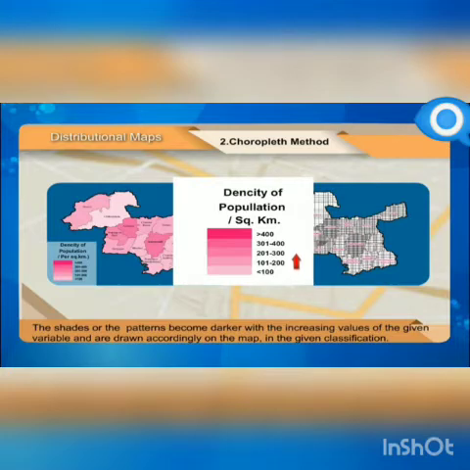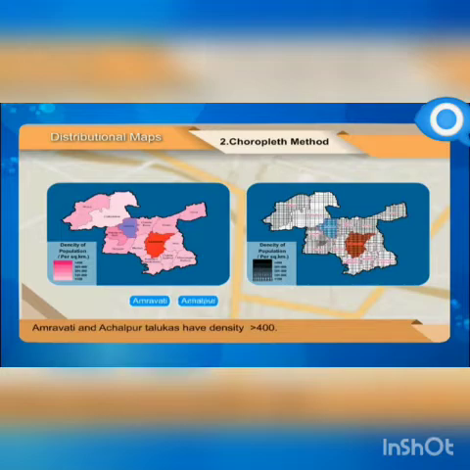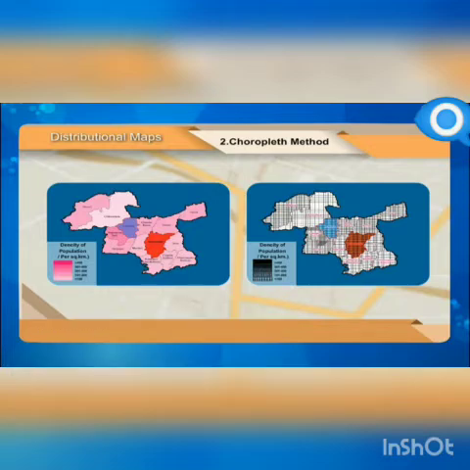So wherever the dark color is there, the population is more. As the darkness of color is less, the population is going to be less. So here Amravati and Achalpur Taluka have density more than 400. That's why they are dark in color.